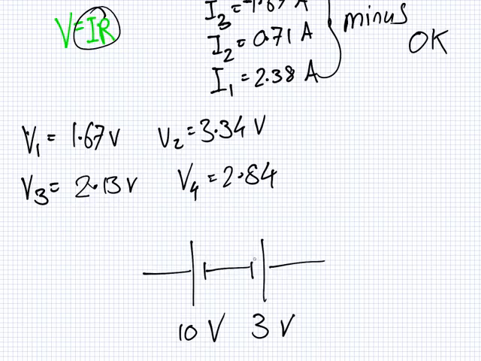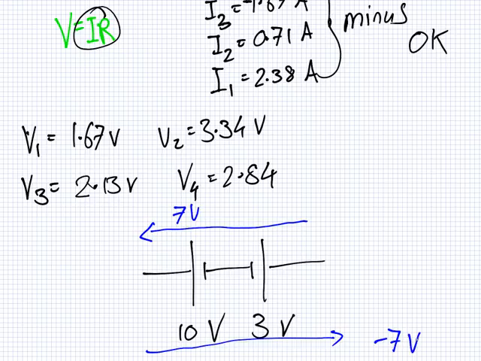I only get 7 volts. So if I go this way, I get 7 volts. But if I'm going this way, it's actually minus 7 volts. So just be careful with the plus and the minus. It is difficult, I know.